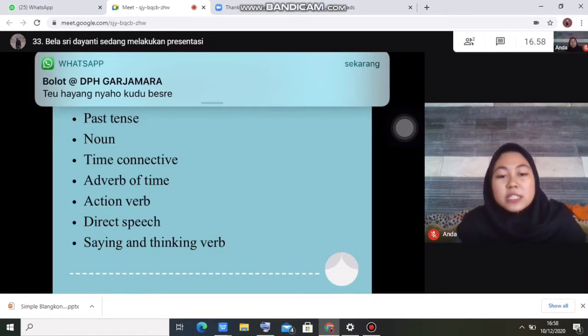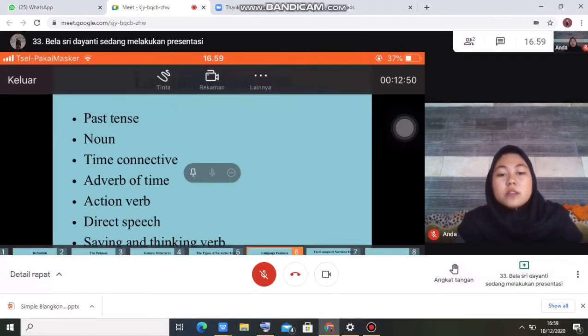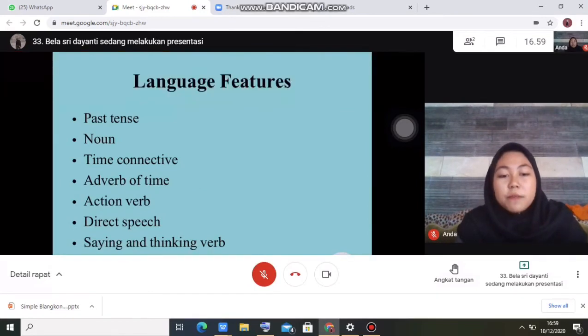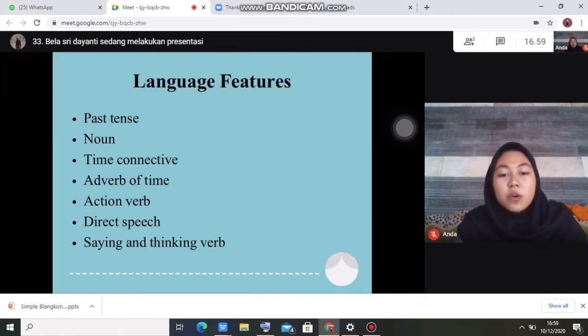The next one is time connective. Time connective is the time connected to a short event. For example, after, before, after that, and others. The next one is adverb of time.